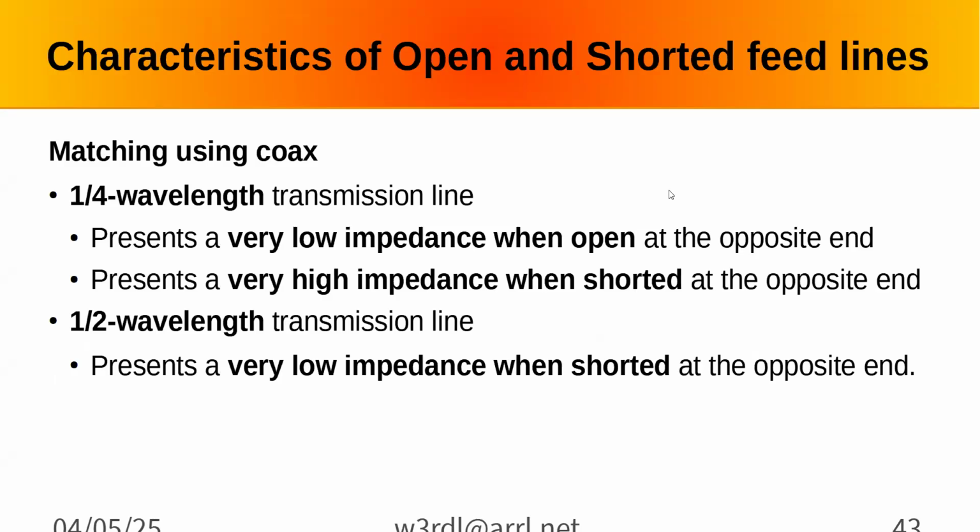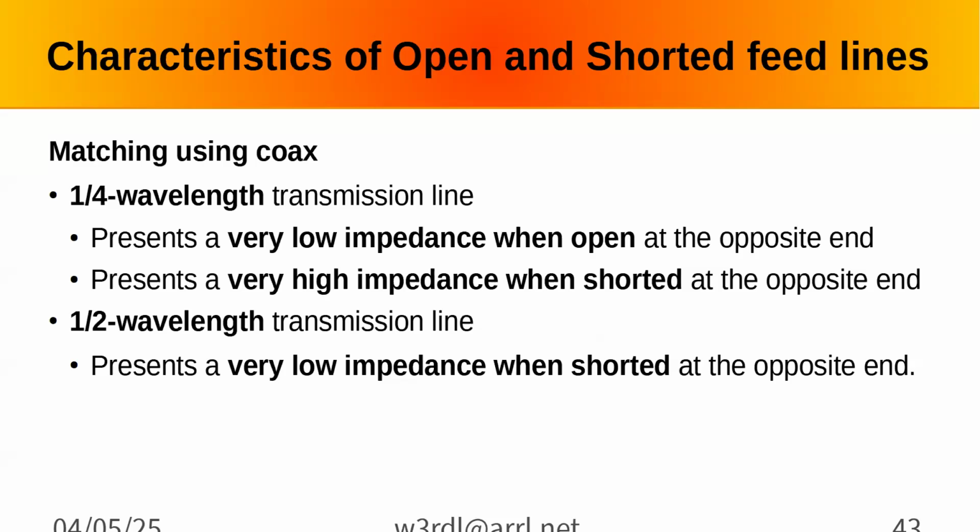Okay. I can also use a quarter wavelength of line, which we talked about before. And here it's going to either give me a high or low impedance, depending whether it's open or shorted. So if it's open, it looks like a low impedance because you get just the opposite. If I have a high impedance at the open end, then it looks like essentially a short or low impedance at the source.